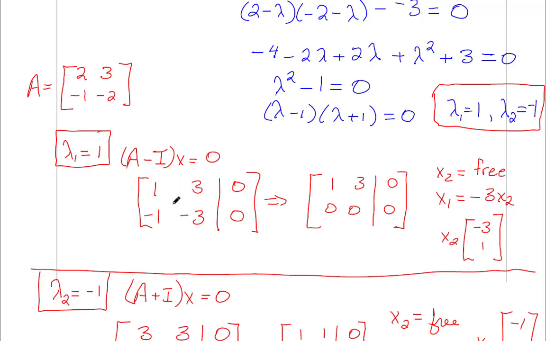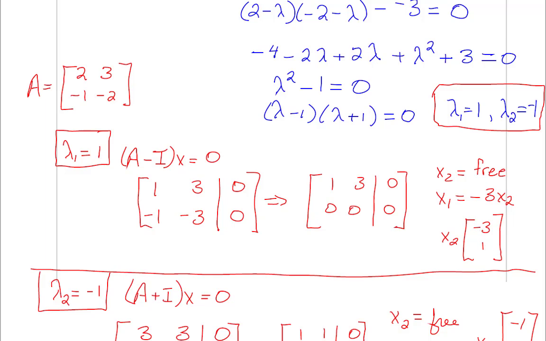Now in this case, my row operations, I can simply add the two rows together and we're done. x2 is free. x1 equals minus 3 x2. And so I get minus 3 and a 1.